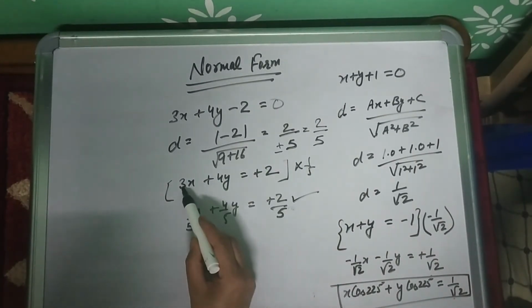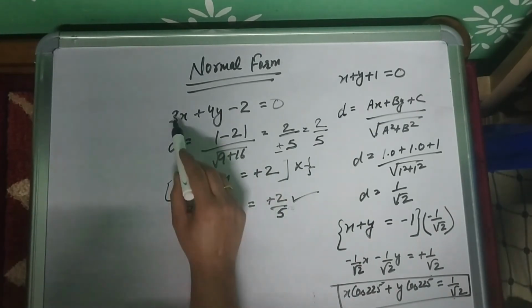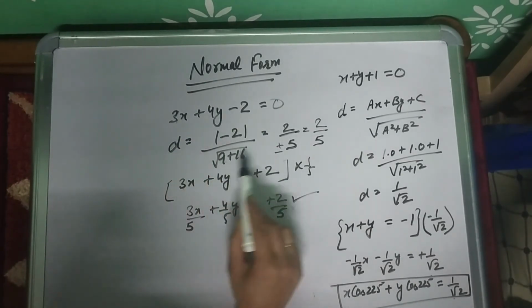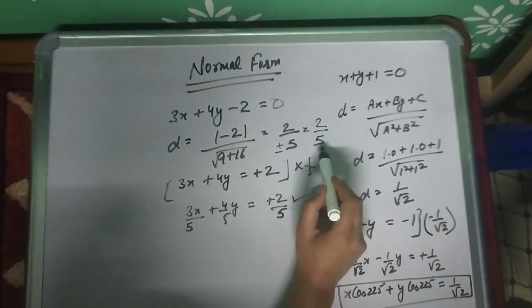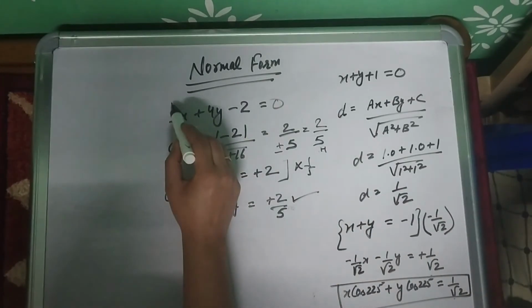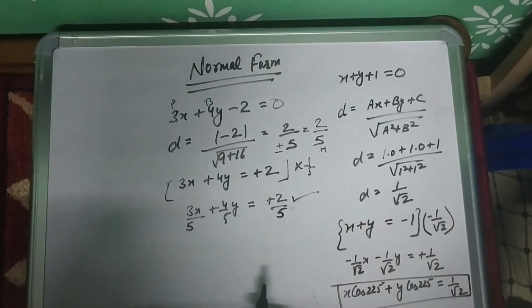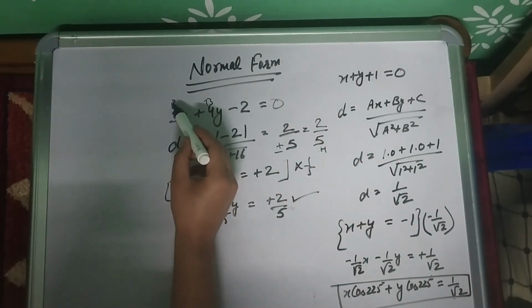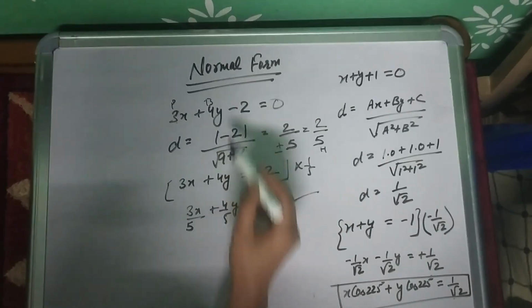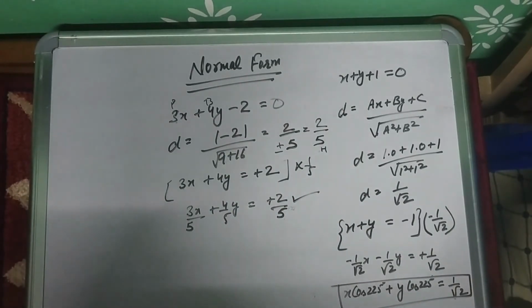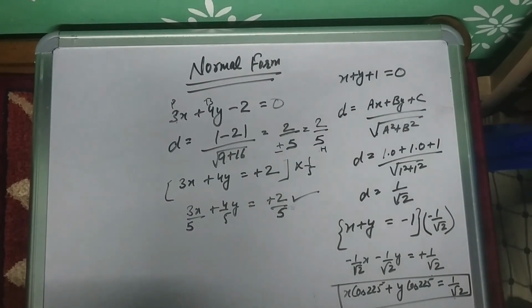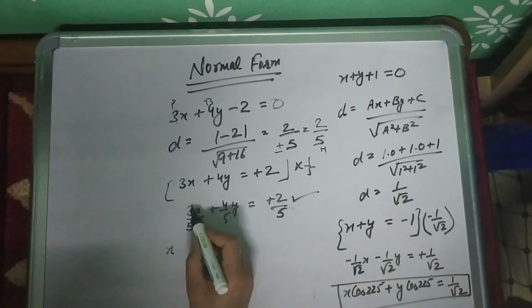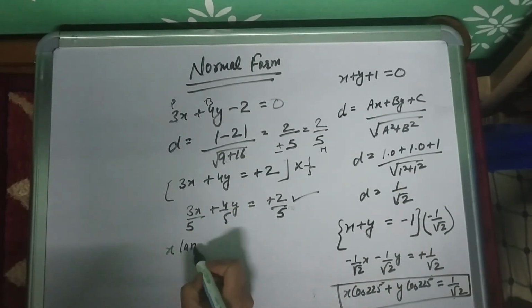Just because of squaring 3 and 4, 9 and 16, and then the square root of that is 5. That means this is the hypotenuse, this is the perpendicular and this is the base. When we divide P by H and B by H, then we get cos and sine only. So here we can definitely say we don't know which angle that is, but yes, there is an angle.